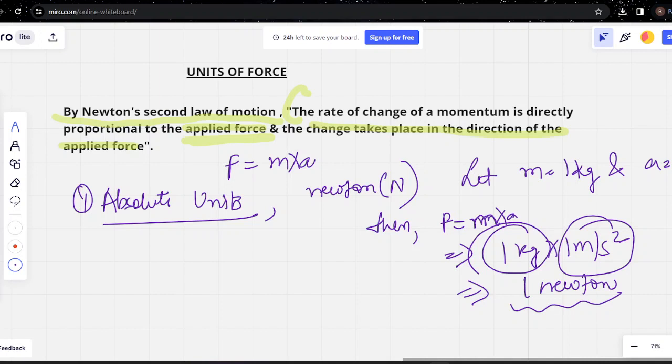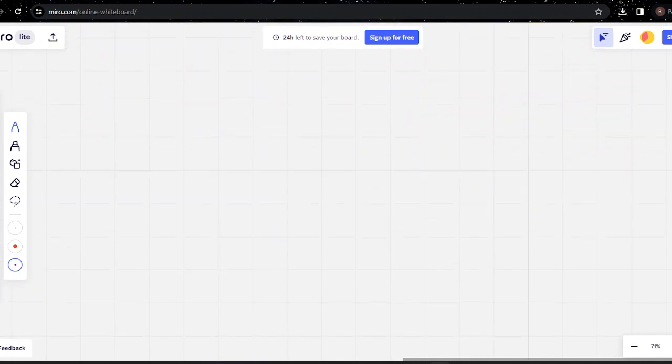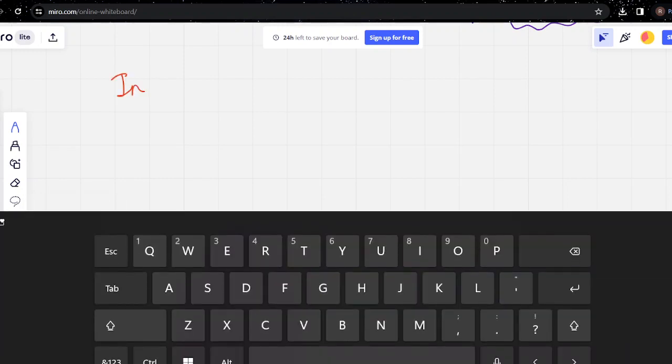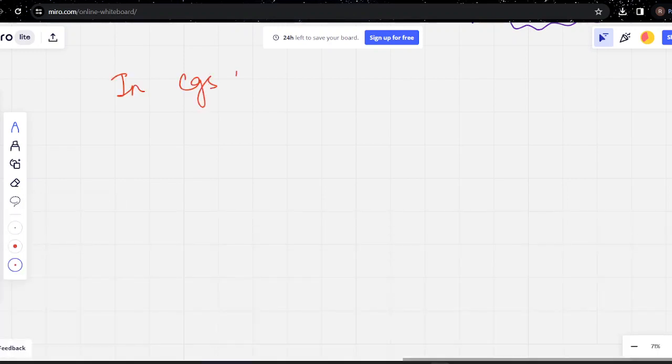Now, when it comes to CGS unit, how will it look like? In CGS unit, force is measured in dyne.